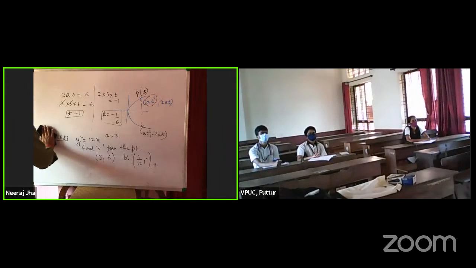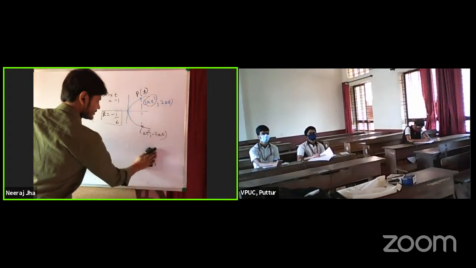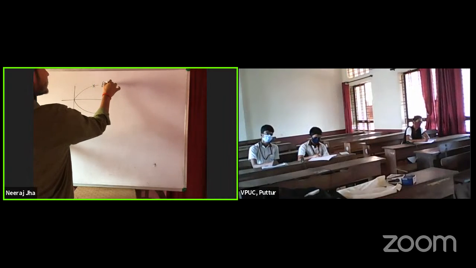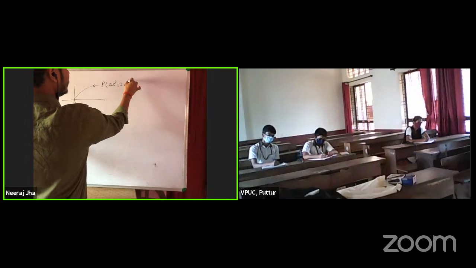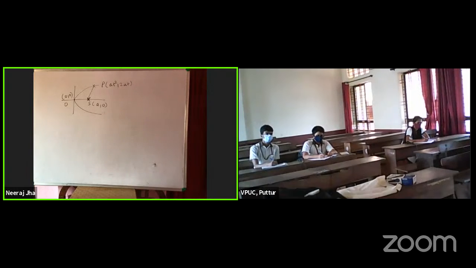Chalo, let us discuss focal distance also now. Focal distance we have studied earlier. What was the focal distance? Okay, this is our standard parabola. This is any point P, which is (at square, 2at). This is the focus S, that is (a, 0). And let us assume this point to be O (0, 0) or V, the vertex, whichever you want.